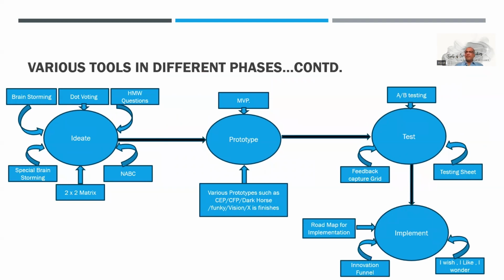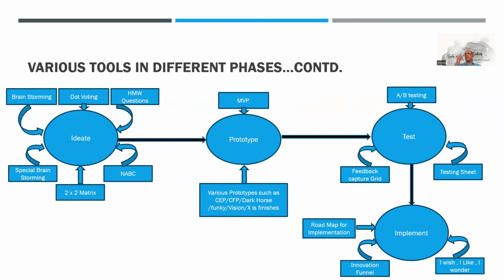In ideate, there are various tools, like brainstorming, voting, dot voting, then how might we, HMW questions, or sometimes it is also said like why and how laddering, NABC, 2 into 2 matrices, special brainstorming.